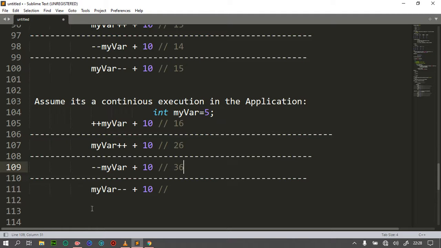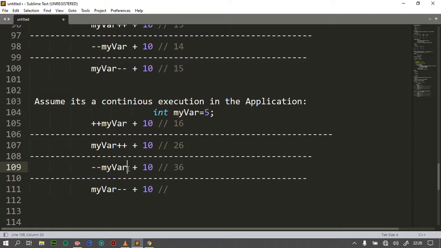Now, as it leaves this line, we don't have any decrement or increment operator in postfix form. So we leave line 109 when myVar is still 36.